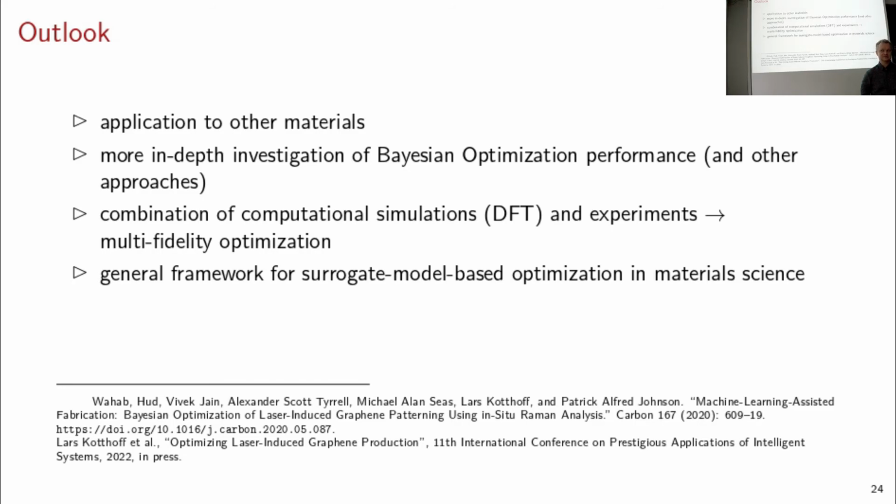And the other thing that makes me hopeful is that for the first paper here, we made the code and data available, and this was actually picked up by a completely different group, which used it for their completely different method of producing graphene, and also got very good results there. And we only saw that after they published a paper and cited us and said, hey, we're using their code. Like, whoa, what? Excellent.